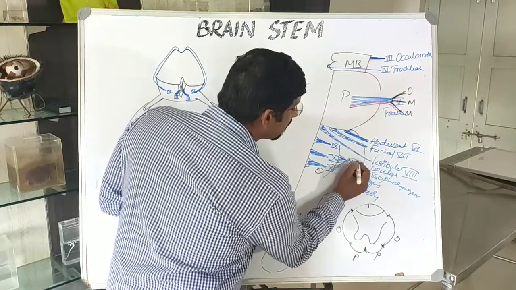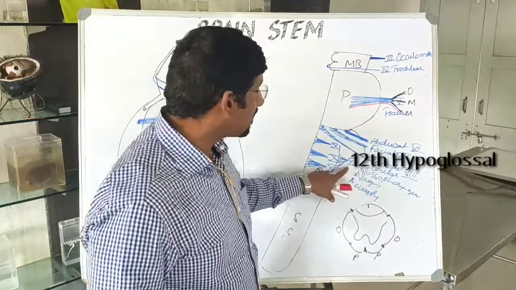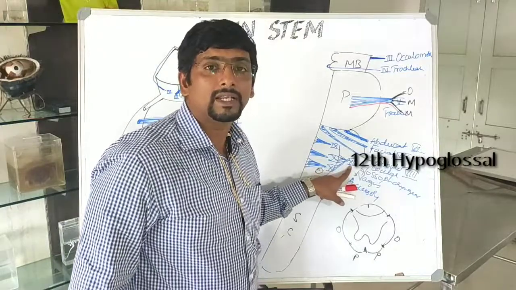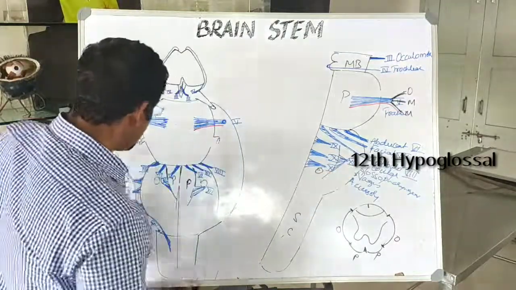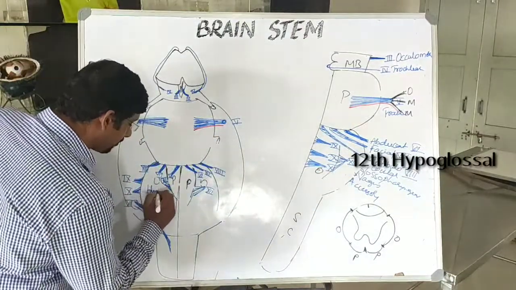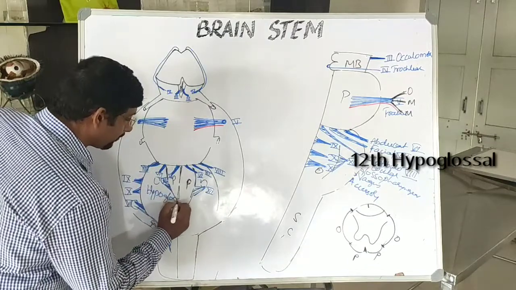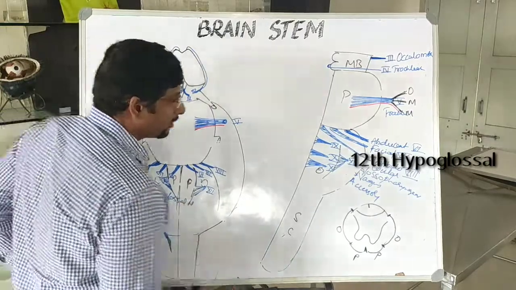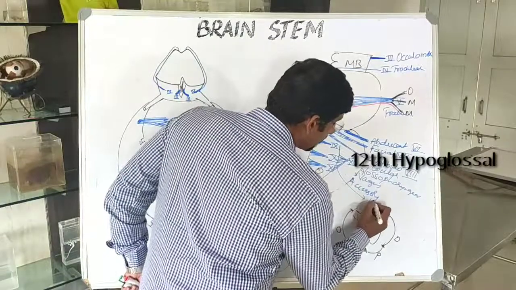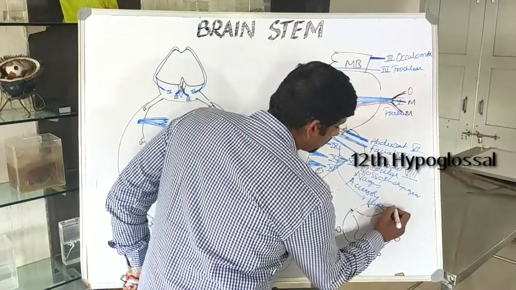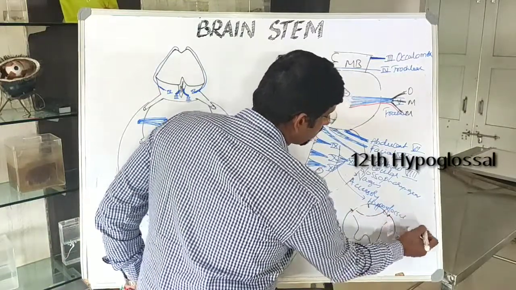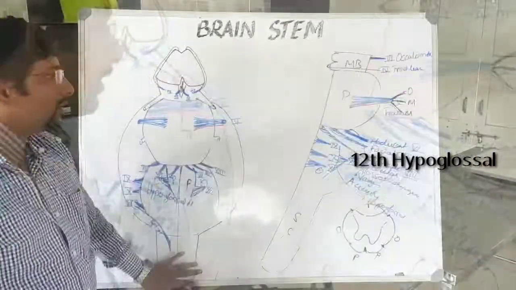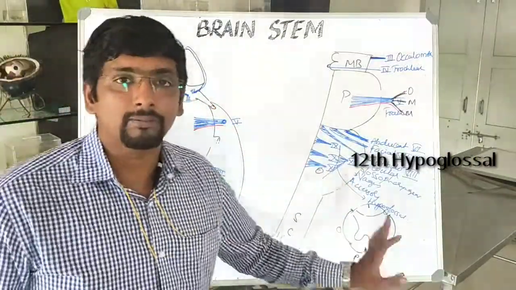What is the 12th cranial nerve? It is the hypoglossal nerve. These are the cranial nerves which are related to the brainstem.